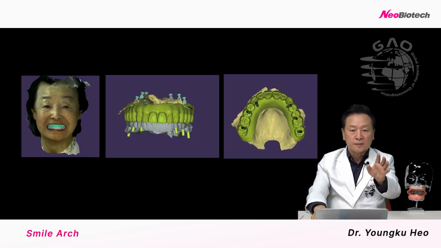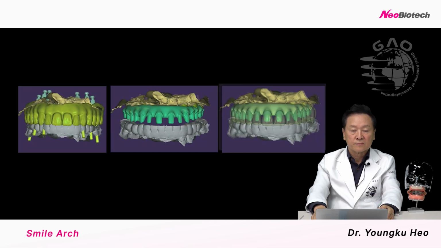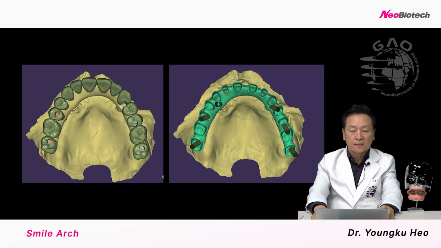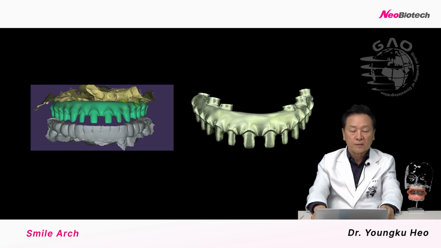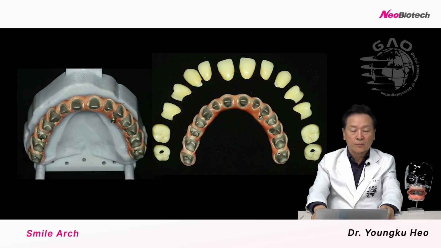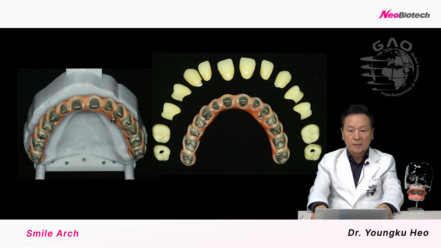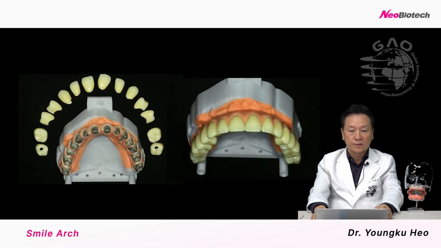So we can finish the final restoration. Okay, this is the final prosthesis design, the framework. We can print or mill this metal framework, and we make the individual crowns or cement them all together.